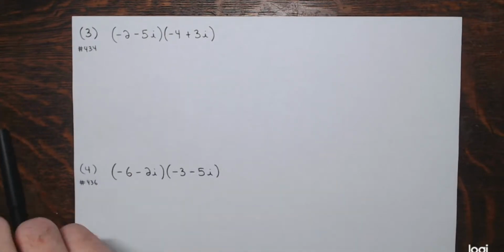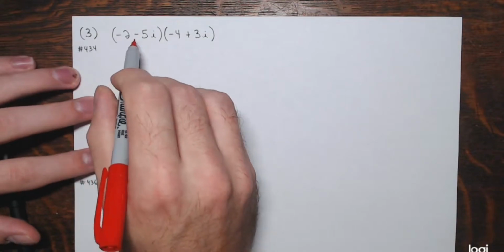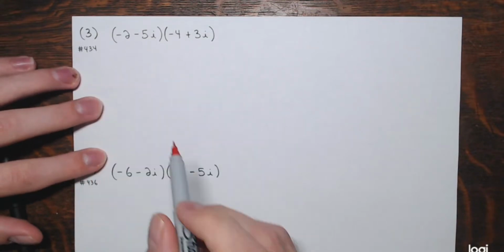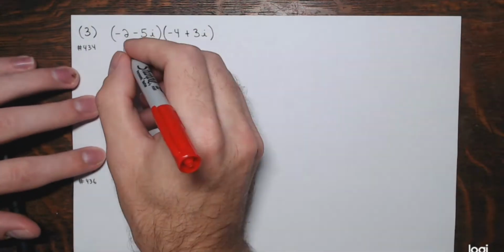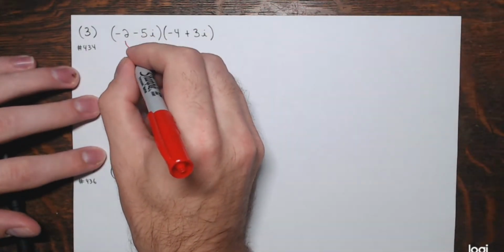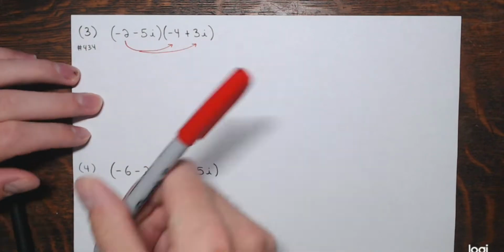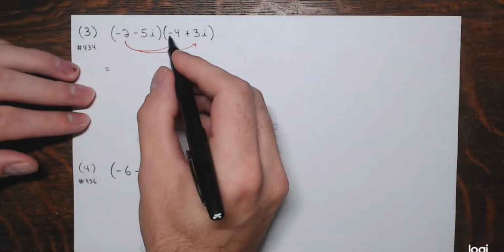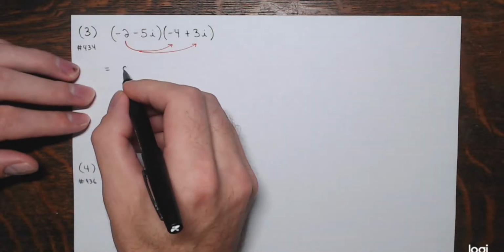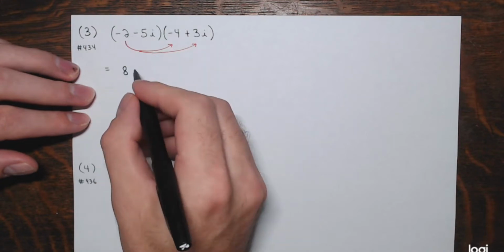So lots of distributing, or you could call it foiling when you multiply two expressions with two terms, right? You could do that FOIL method. But first I'll distribute the negative 2. So negative 2 times negative 4 is positive 8. Negative 2 times positive 3i would be negative 6i.